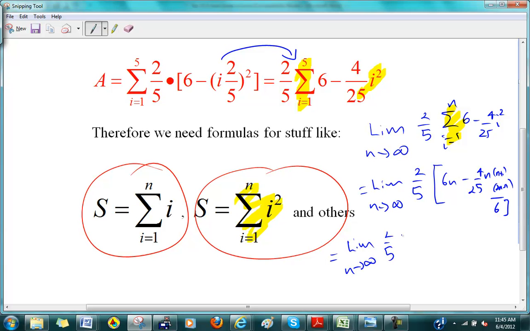I'll rewrite this, okay? Hopefully I don't get into a crunch again. Something's not sounding right to me. Something doesn't look very good to me. The 6n doesn't look good to me, because as n goes to infinity, that's going to blow up.